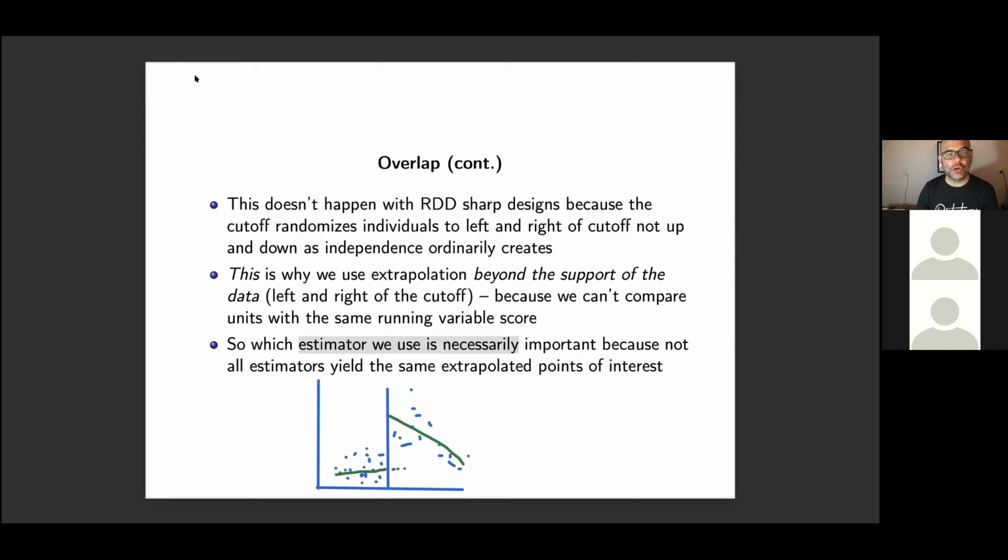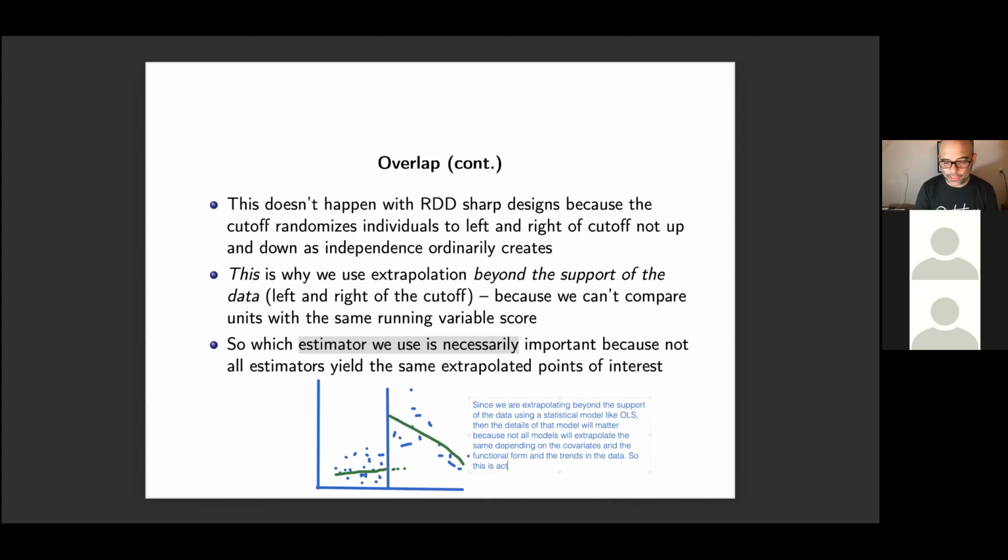Different functional forms. So, since we are extrapolating beyond the support of the data using a statistical model like OLS, the details of that model will matter, because not all models will extrapolate the same, depending on the covariates and the functional form and the trends in the data.